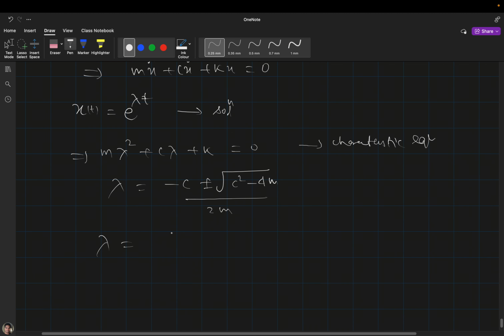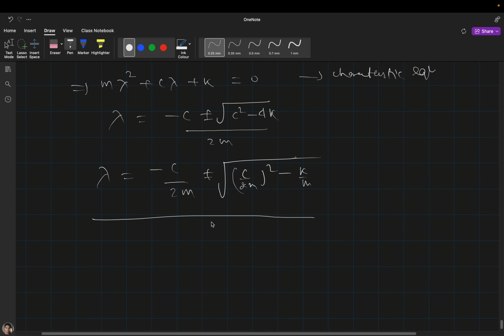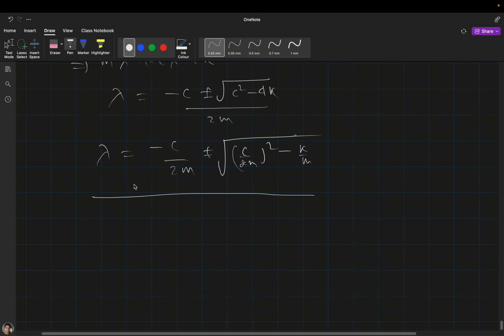If you rearrange it, you will get minus c by 2m plus minus square root of (c by 2m) raised to the power 2 minus k by m. So this is the root of that characteristic equation. Now there are three cases.